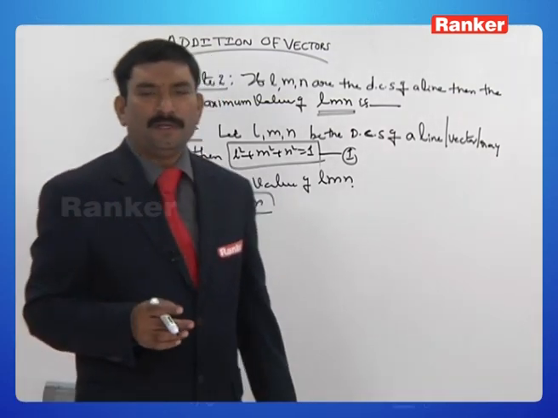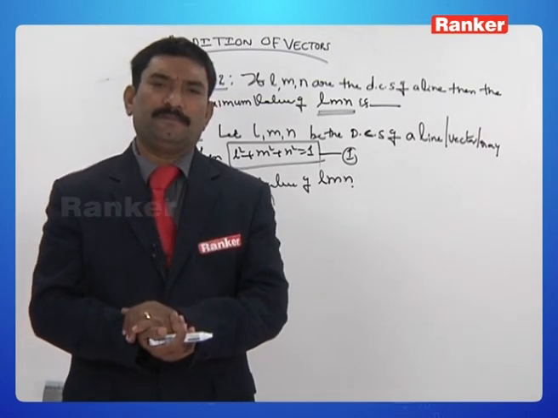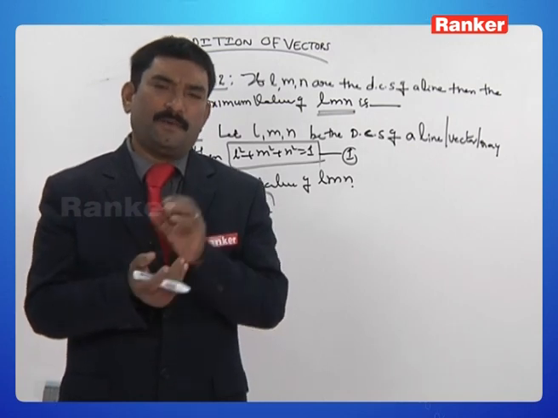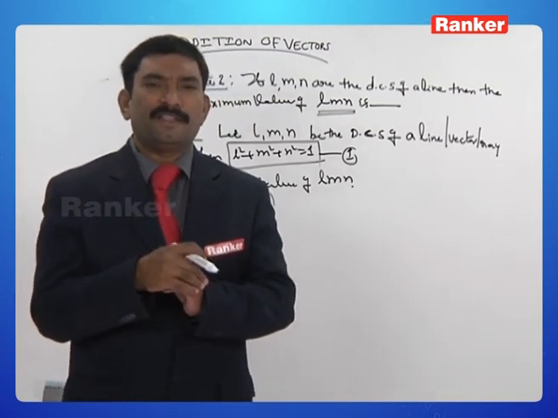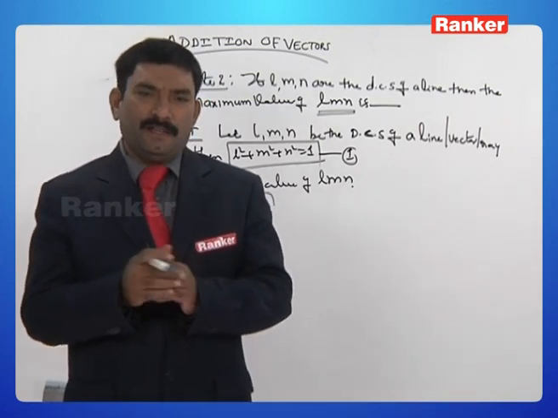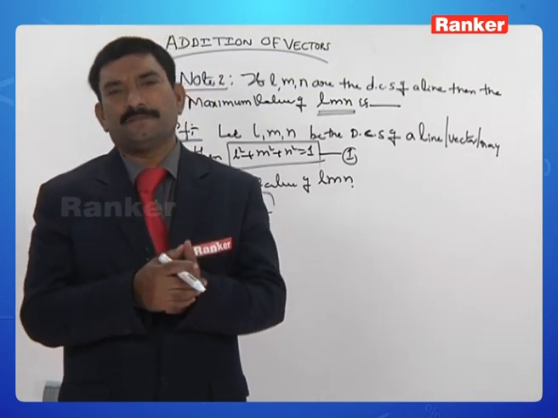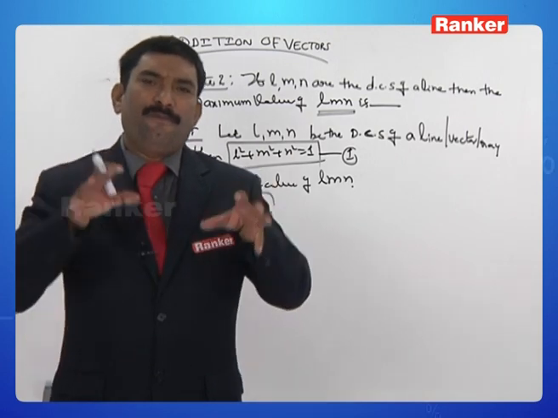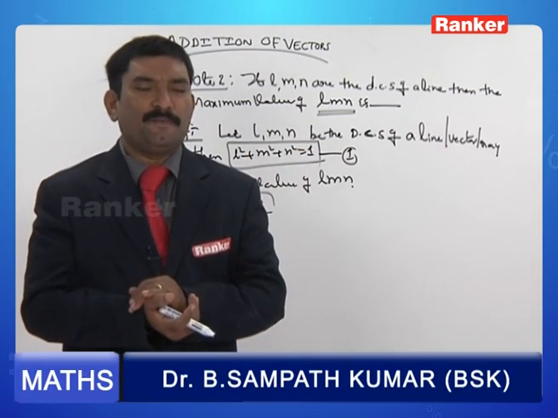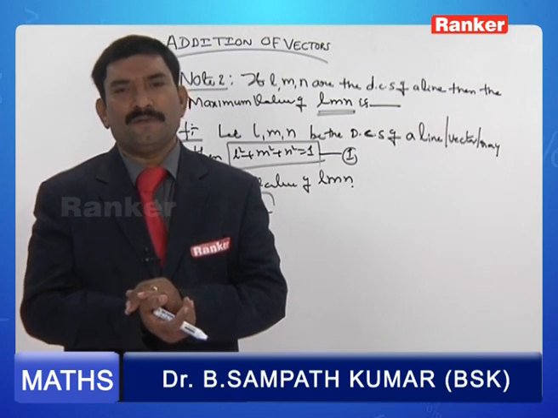For example, if the volume of a water tank is maximum, the water contained in the tank is maximum, we say the tank is very full. There are 3 parameters: length, breadth and width. If the amount of water contained in that tank is to be maximum, length must be equal to breadth must be equal to width.